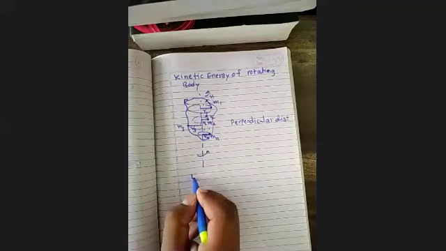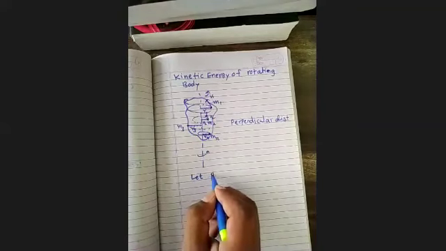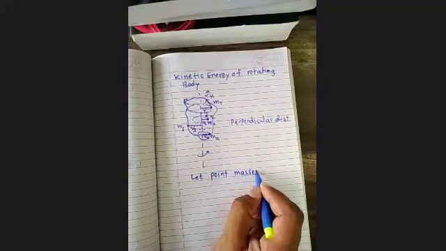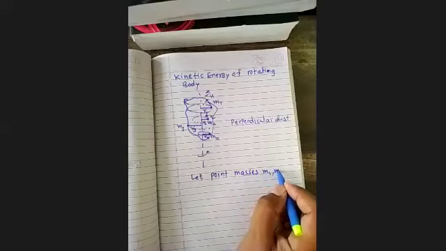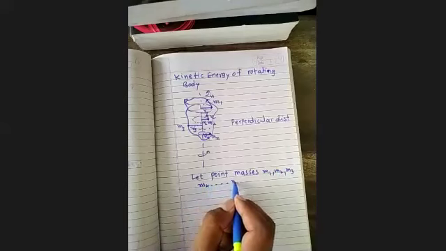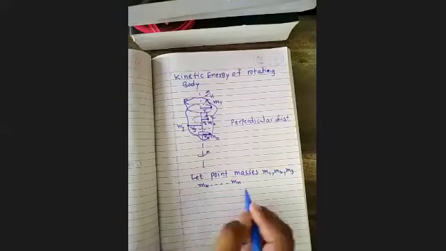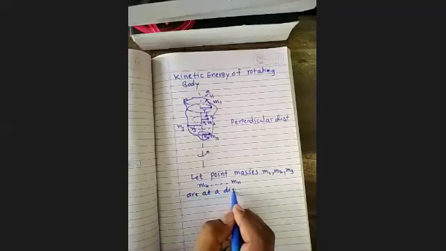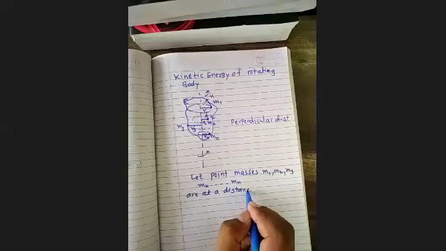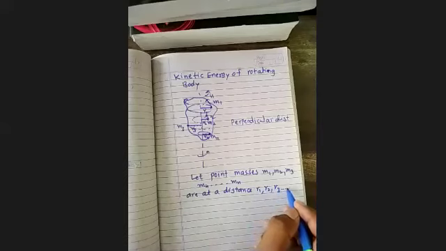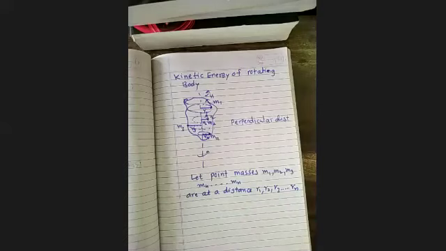Let there be point masses m1, m2, m3, m4 up to mn at distances r1, r2, r3, r4 up to rn.